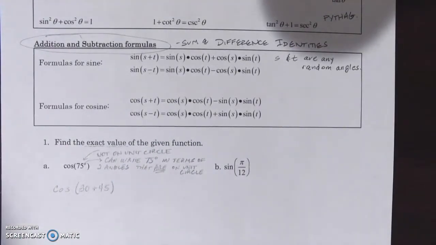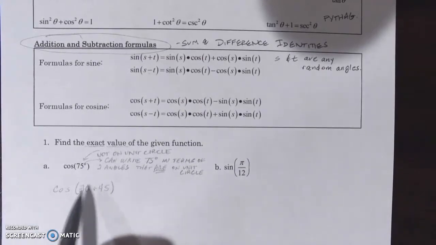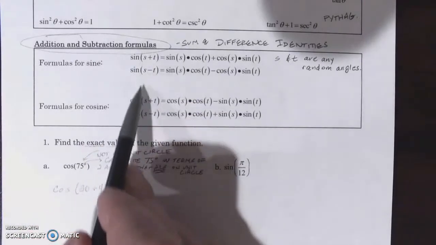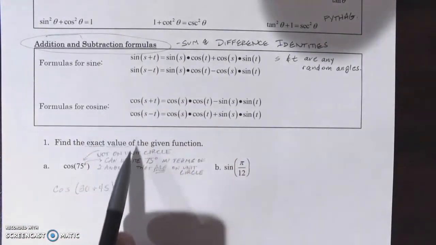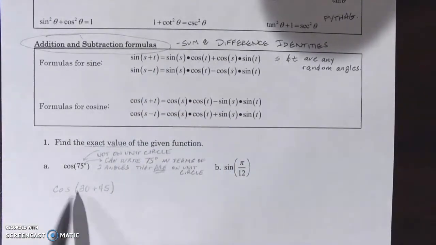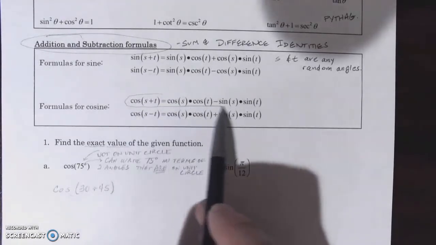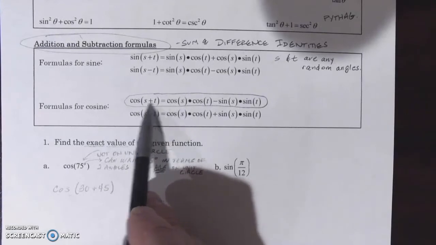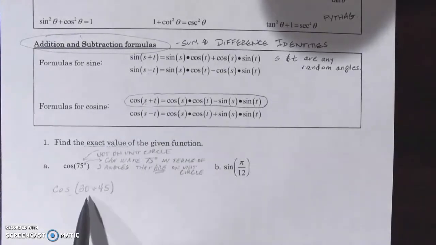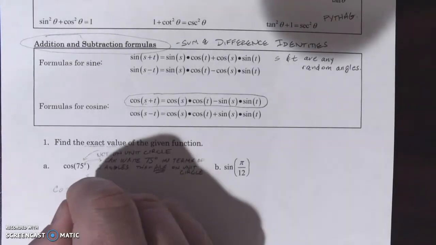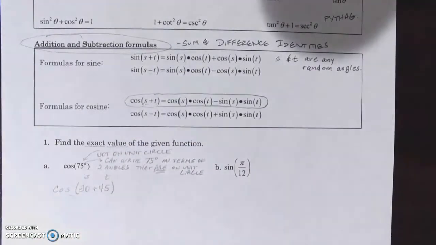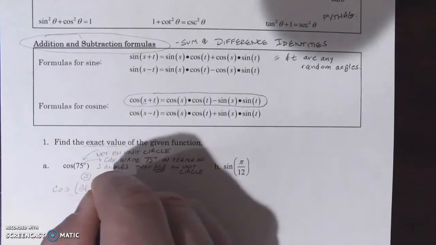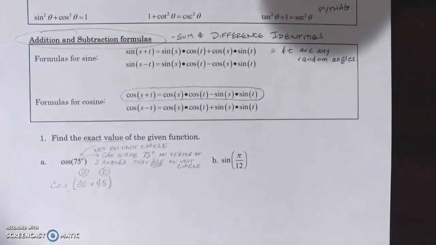Okay, so we're rewriting the 75 degrees. Now, what we want to do is make a comparison of how this is written to one of our addition or subtraction identities. What does this one look like? It looks like this one right here. This is a cosine of two angles added together. What two angles specifically? 30 and 45. These become our S and our T represented in the formula or the identity above.